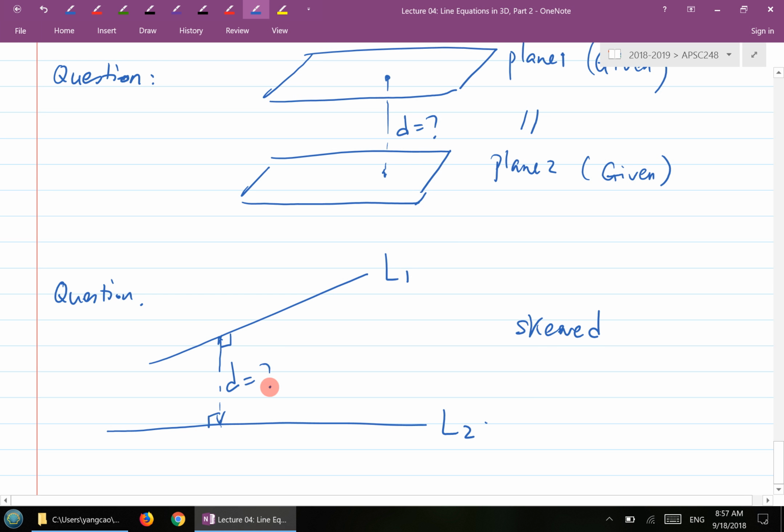And how do I get this distance D? They seem like different questions, like this and this, but really they're still questions looking for distance. So all the different kinds of thinking that we just went through apply exactly to this kind of question. I want you to think about it: for a question like this, what will be your approach?